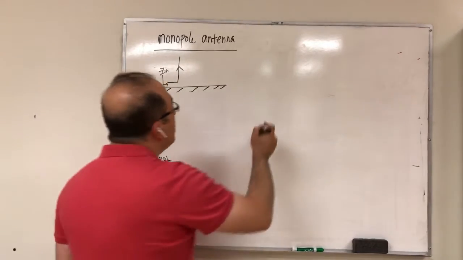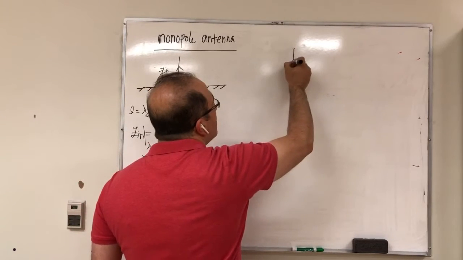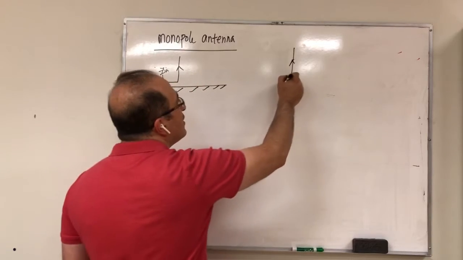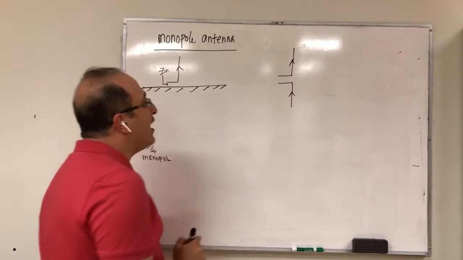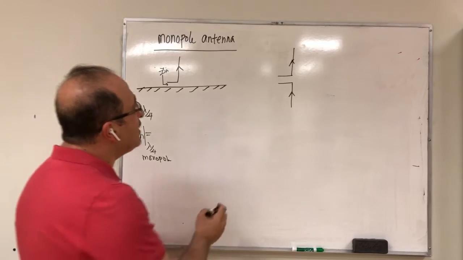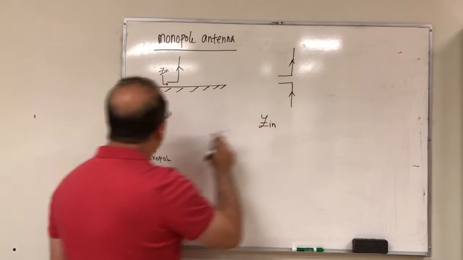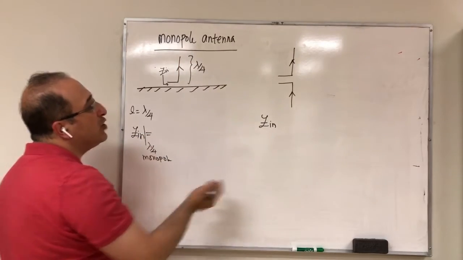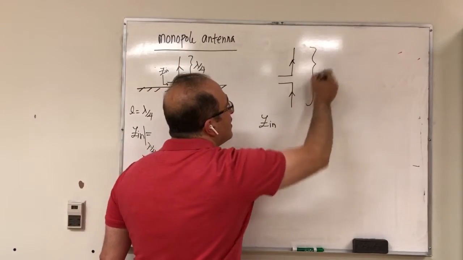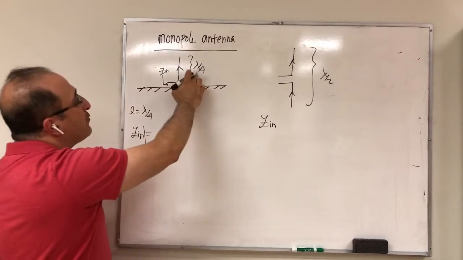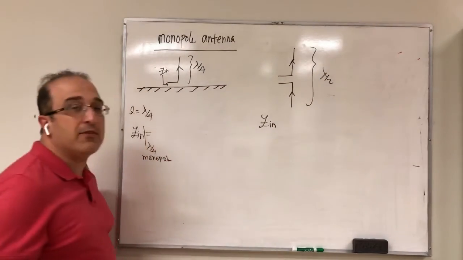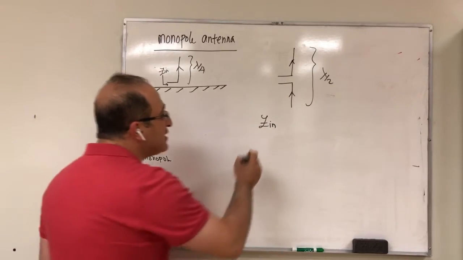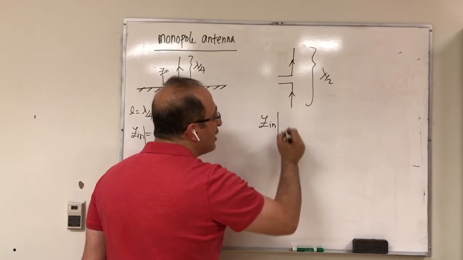You would say, okay, this is equivalent to a dipole antenna based on image theory. And now I know the Z in of the dipole antenna, and because this was lambda by 4, my dipole antenna is half a wavelength, because lambda by 4, you have 2 of them, it becomes half a wavelength. So this is the corresponding dipole antenna. What is Z in of a half wavelength dipole antenna?